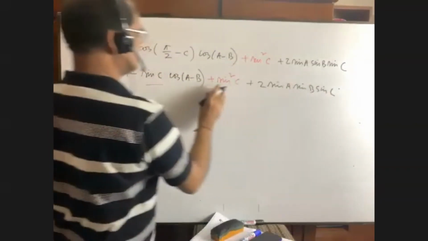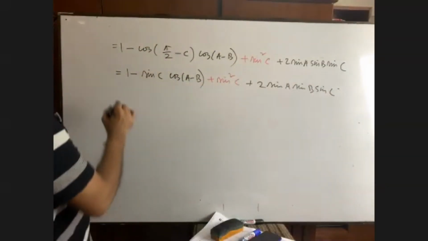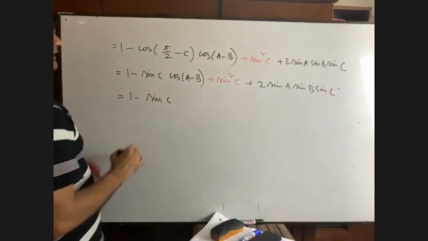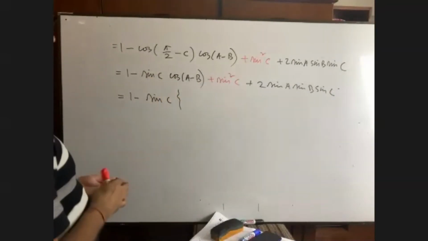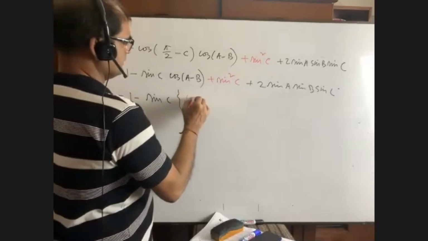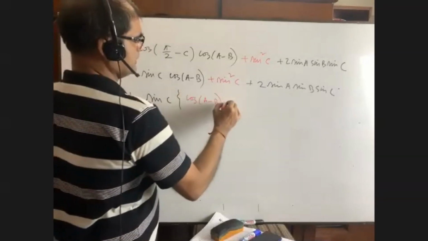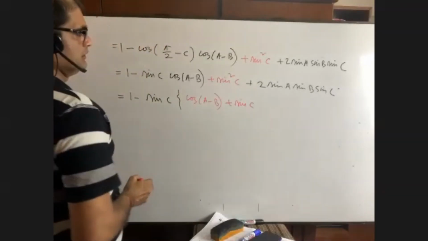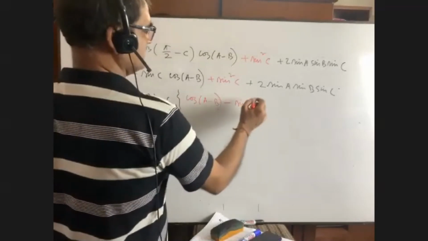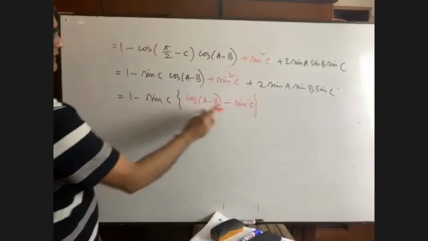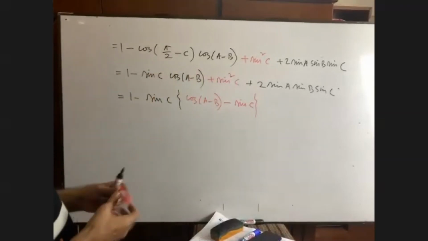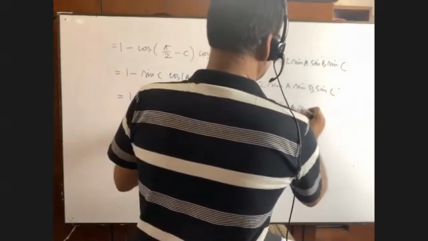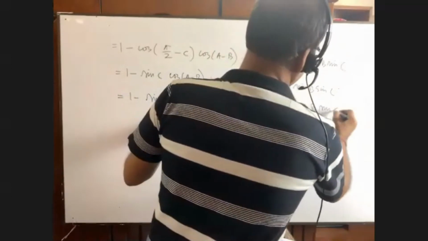Now 1 minus sin C can be taken common, so we are left with cos of A minus B plus sin C. So minus sin C, and this minus and this minus will make plus. Now we are getting here 2 sin A sin B sin C.